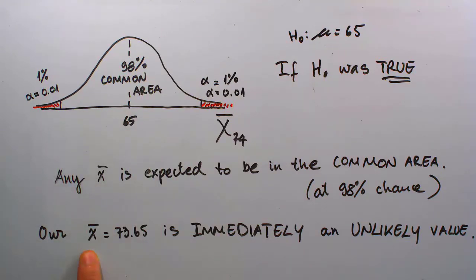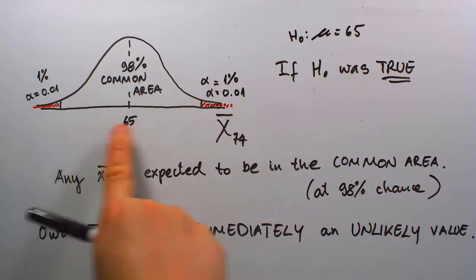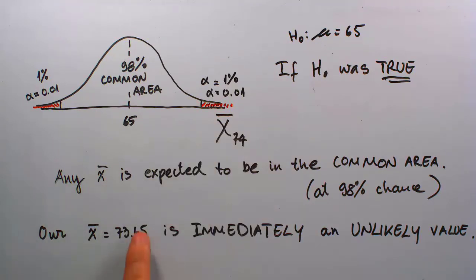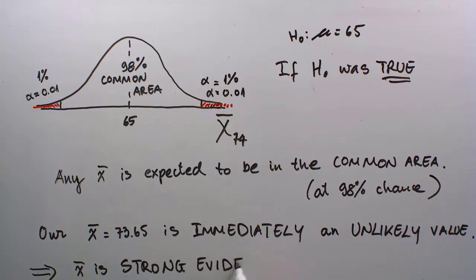But here our sample did not stay in the area where we can accept. It fell right into the area where the calculation showed that it's very unlikely to reach a sample like this. But it's already there in our hand. And so, that is the reason why our sample is strong evidence, because of its very unlikely nature right there.